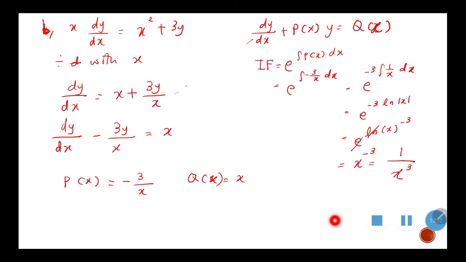Now you have finished step 1. Let's move on with step 2. Now we know our IF is 1 over x to the power of 3, and our Q(x) is x. That's all we need to know for step 2.